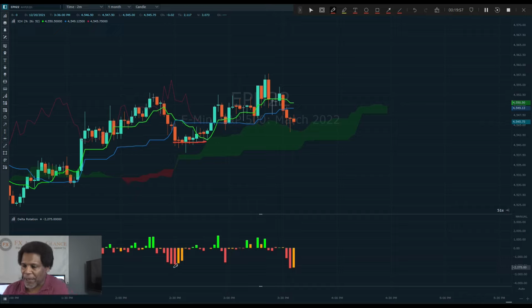So then when I come down and look at my delta, look at this. I had this low of a high bar of supply, and then I had two absorption bars, and I started showing increasing demand as the market stayed flat. So that's increasing buyers coming into the market.